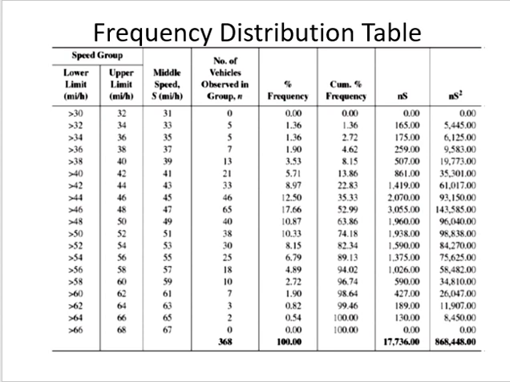First graph on the x-axis, middle; second graph on the x-axis, upper. So both graphs have different values on the x and y, both. Got it? Clear? Okay.